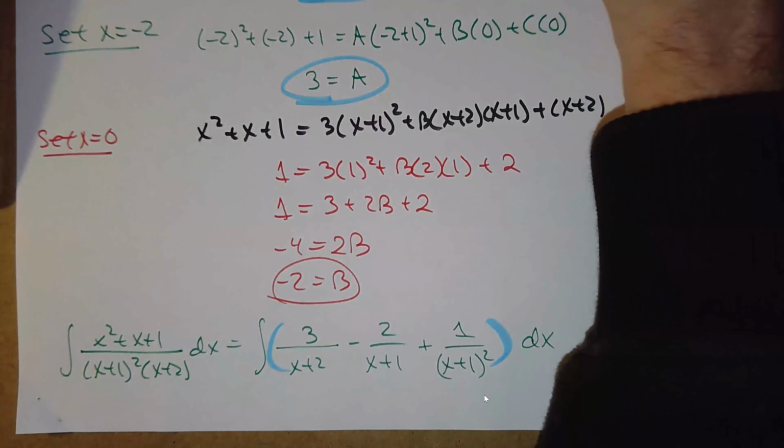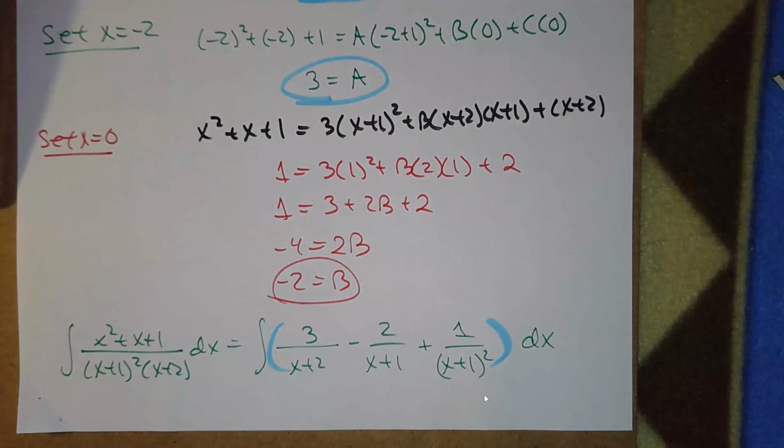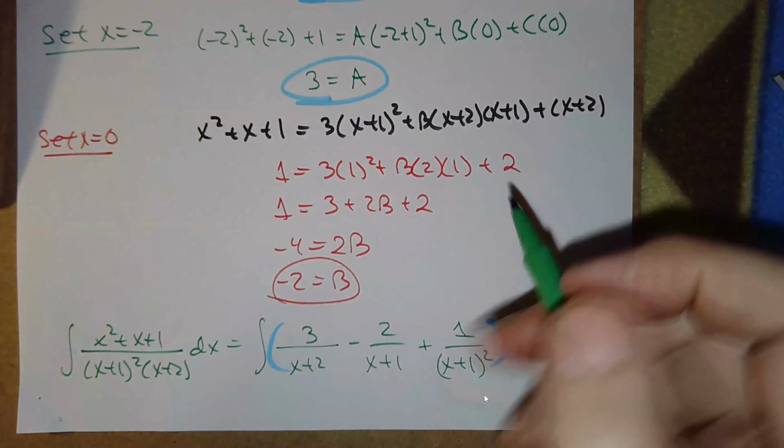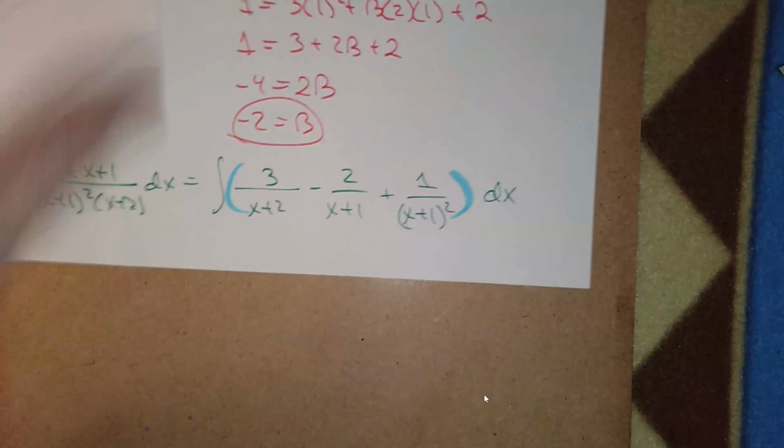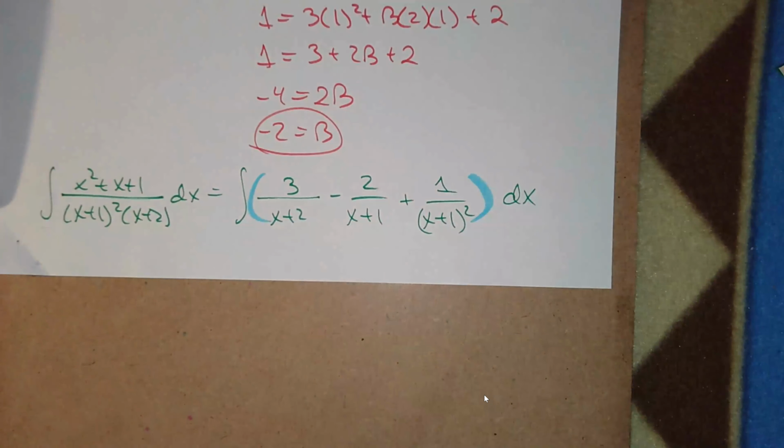Well, we still haven't integrated it, but we're to a point where we can integrate it pretty easily. The only thing you got to be careful of is this term here. And you might need a little u substitution. So let me grab a new sheet of paper and finish that one off.